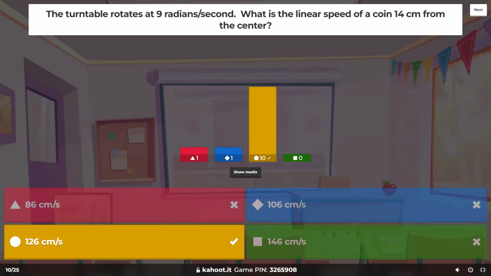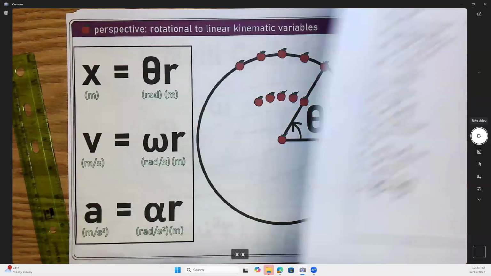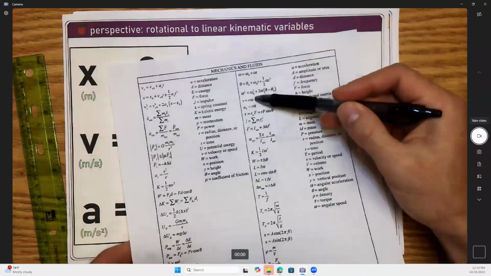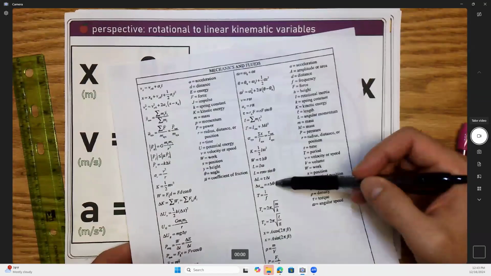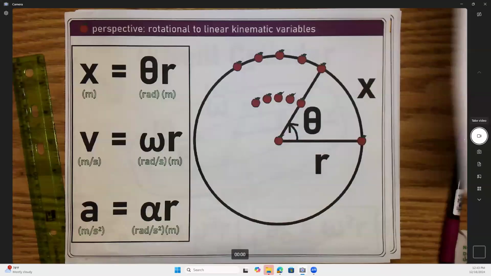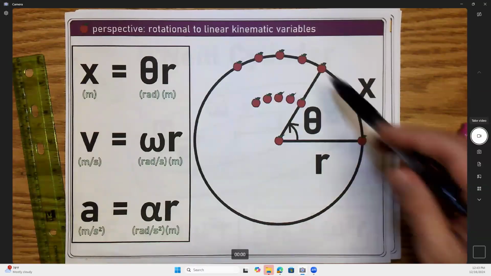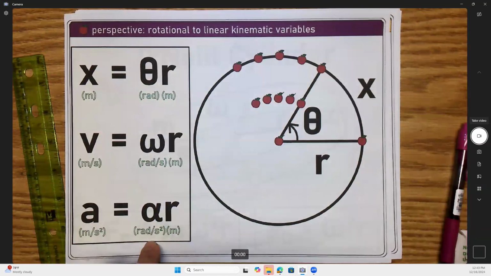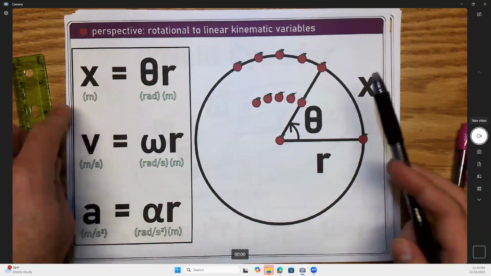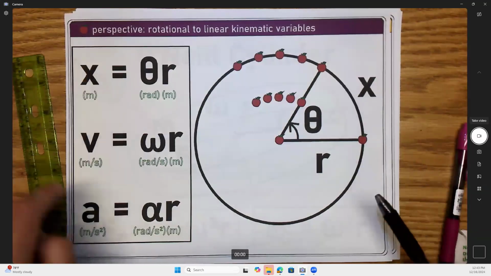All right, so this is one of those posters that was going to show up later. I think it was on this AP page. You guys remember? We're looking at these two right here. I'd say halfway down the page is this displacement version down here. All right, here they all are. Displacement, velocity, acceleration. So we got angular motion, radians per second, radians per second squared, and tangential linear motion, meters per second squared.